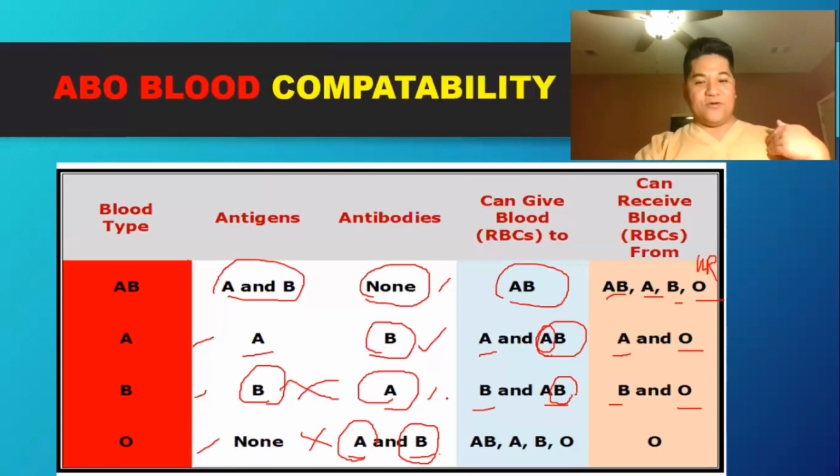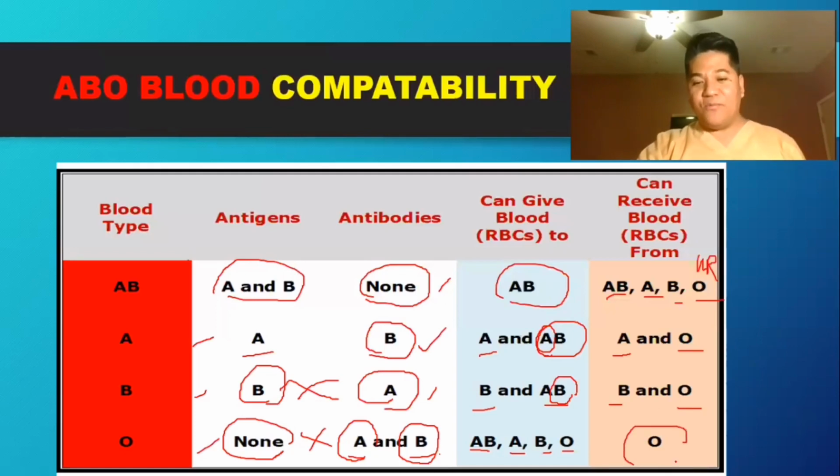If you are type O, you can donate to A, B, AB, and O because it has no antigen. But type O can only receive from type O because it has antibodies A and B.